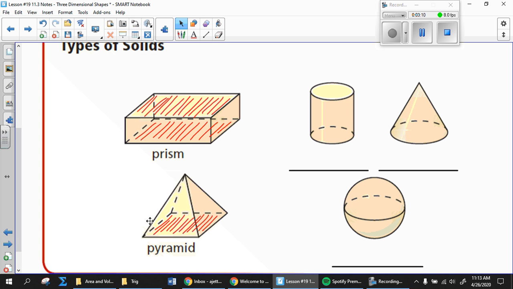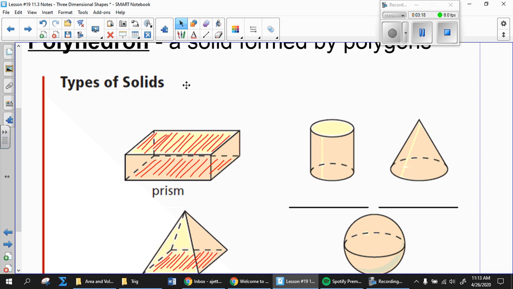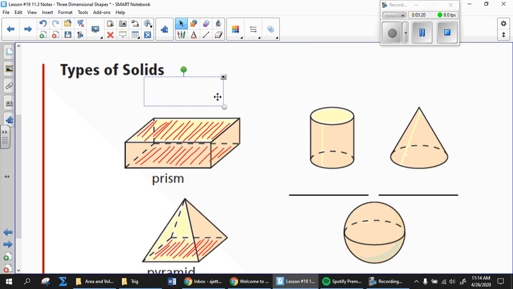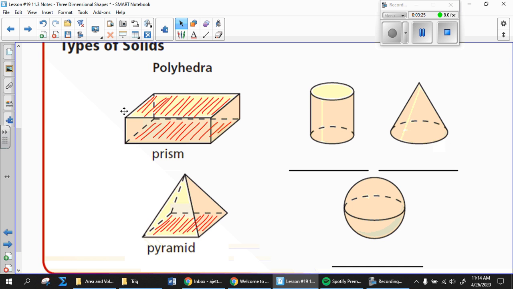Notice here both of these are made up of all polygons. Since they're made up of all polygons, those are the types of shapes that we call polyhedra. Polyhedra is just the plural of polyhedron. And so any prism, any pyramid, we're calling a polyhedron.